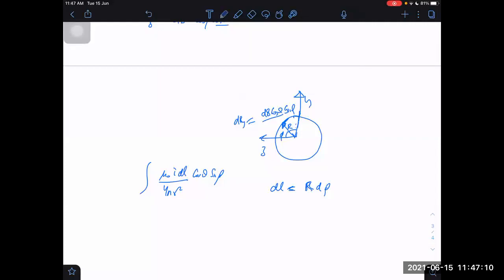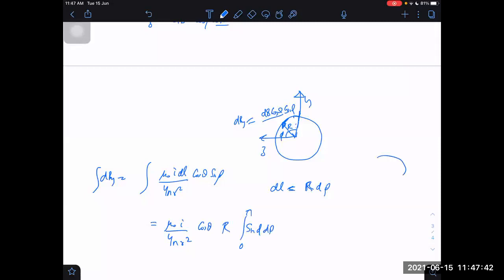So if you want to find dBy, we can write it like this. I thought of dBy as dB cos theta into sin phi, where phi is the angle made with the z-axis. Then dl I can write as r into d phi, right? Then I get mu naught I upon 4 pi r square into cos theta taken out, into r taken out, into sin phi d phi. The integration limits vary from 0 to pi.